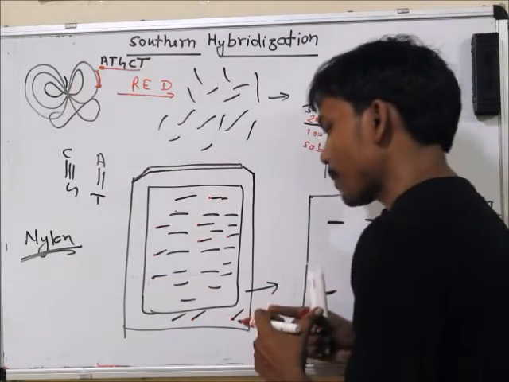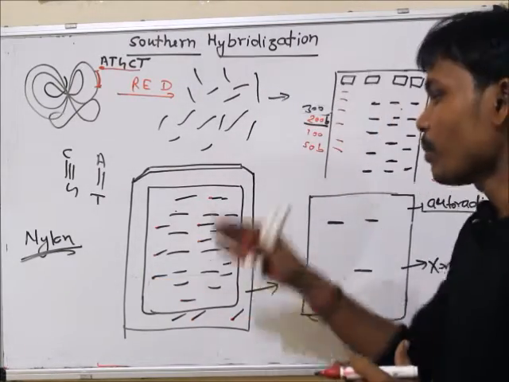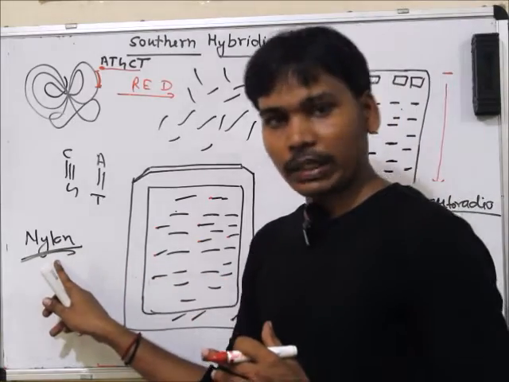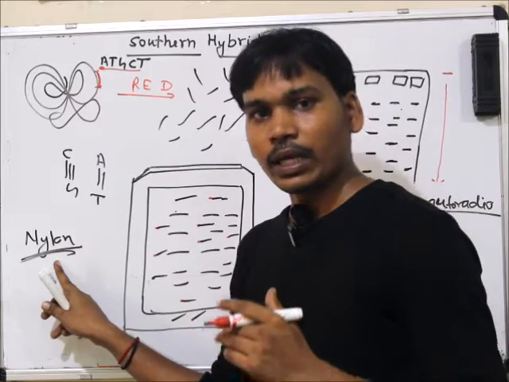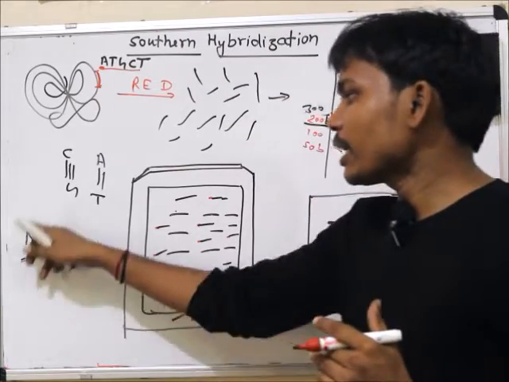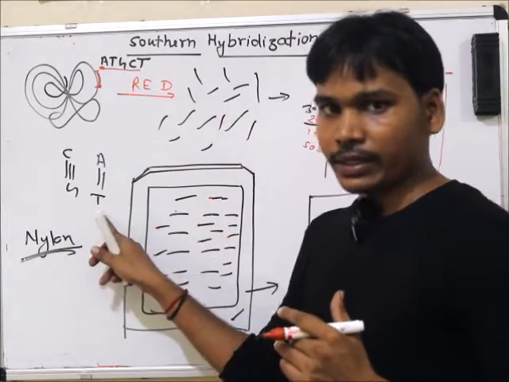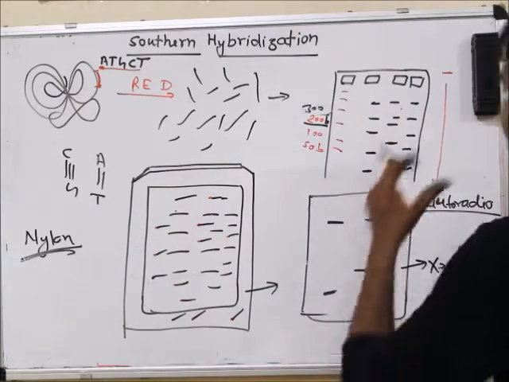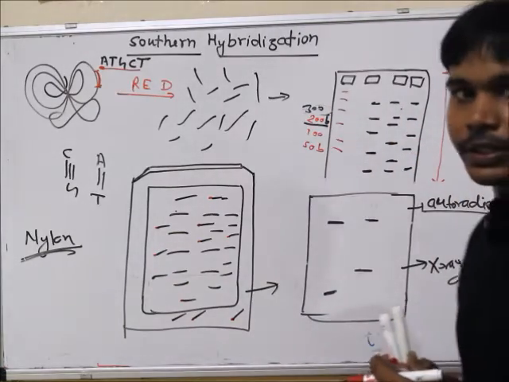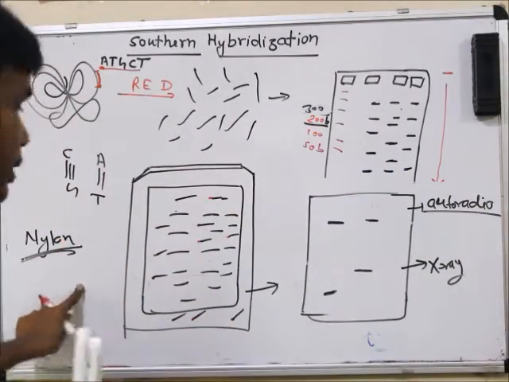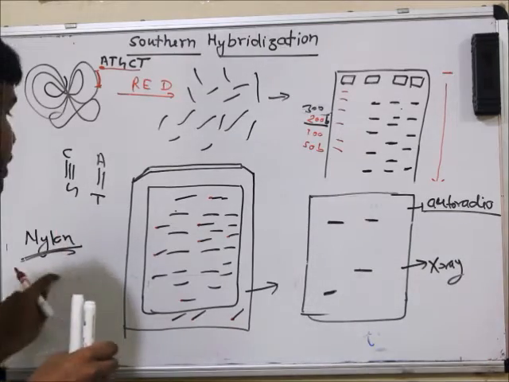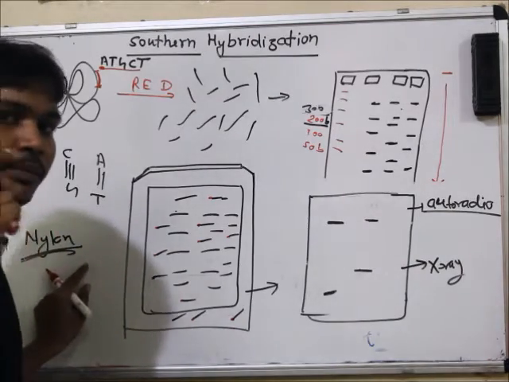The benefit of the nylon membrane is that it binds to DNA as well as RNA, and it can be reutilized. But the nitrocellulose paper we cannot reutilize. Okay, so the nylon membrane is now used because of reuse and because it binds both RNA as well as DNA.